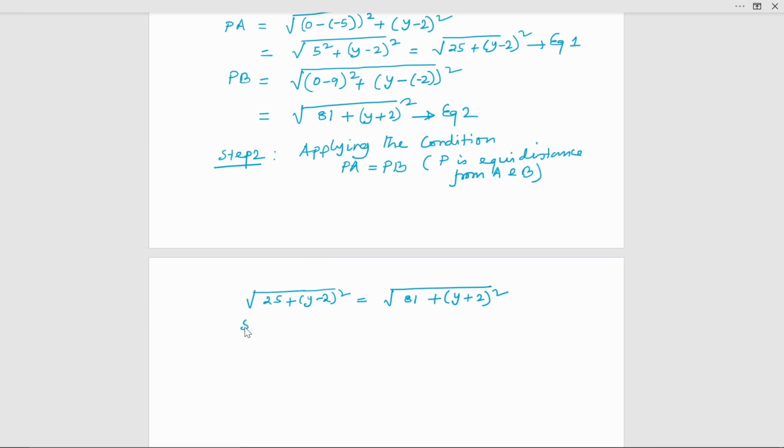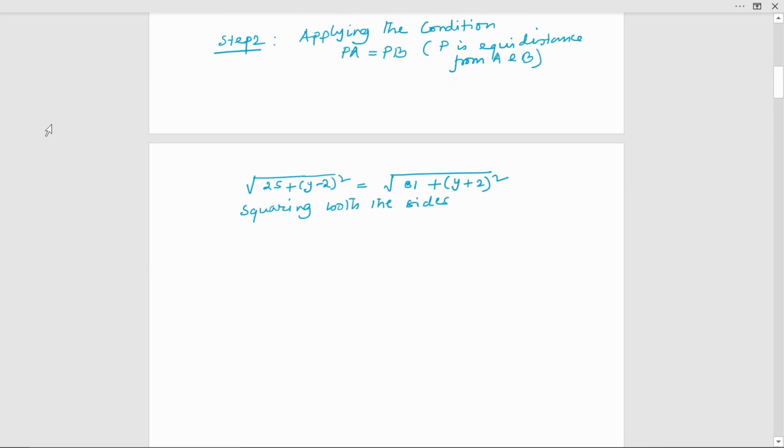So now squaring both the sides, we get 25 plus (y minus 2) square equal to 81 plus (y plus 2) square.